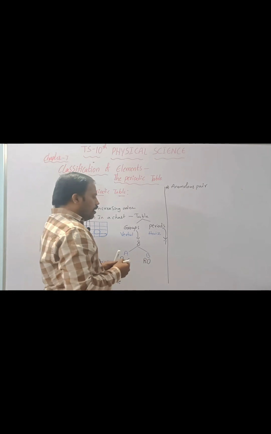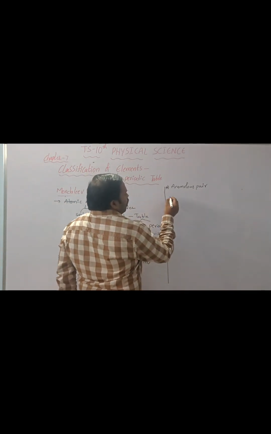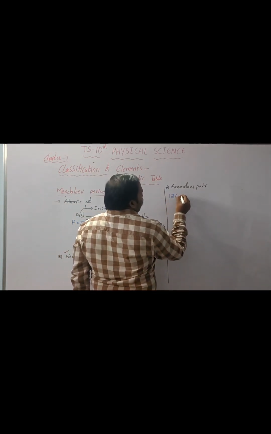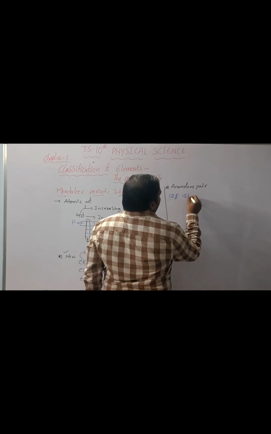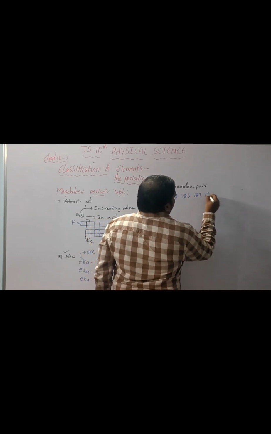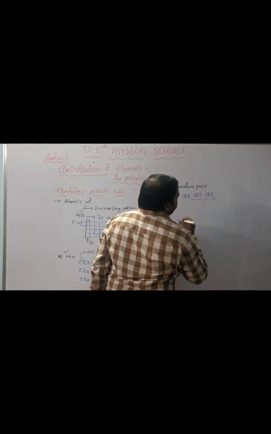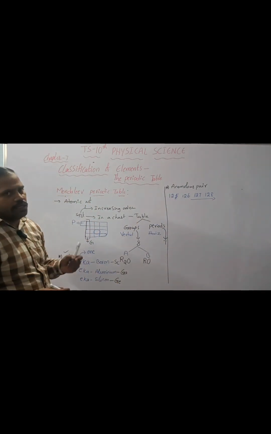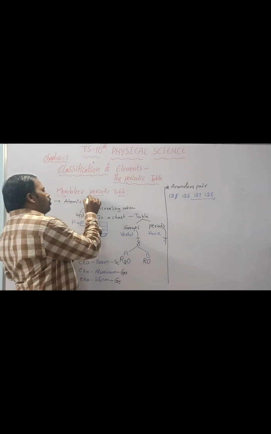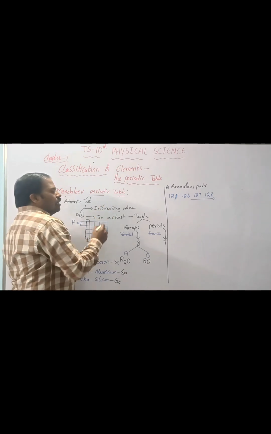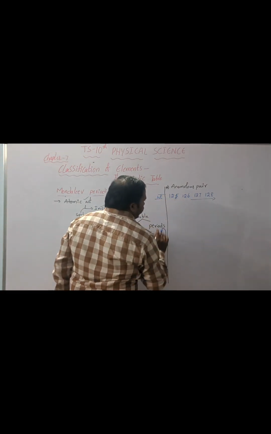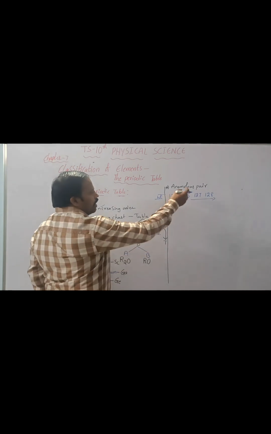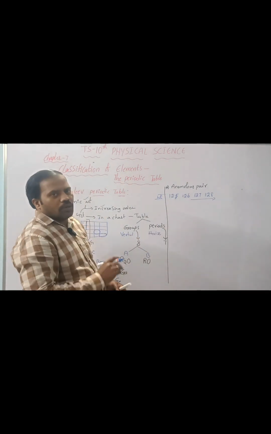Anomalous pair means, actually he took the increasing order of atomic weights, and we have to arrange as per his instruction. So he took the property of atomic weight in increasing order. Think 125, 126, 127 and 128, like that we have to arrange.